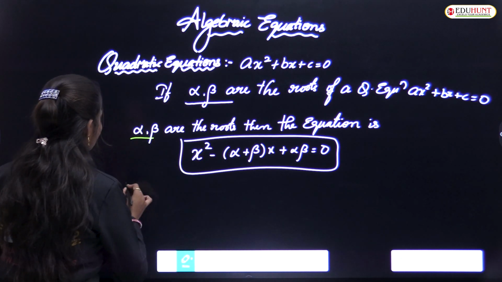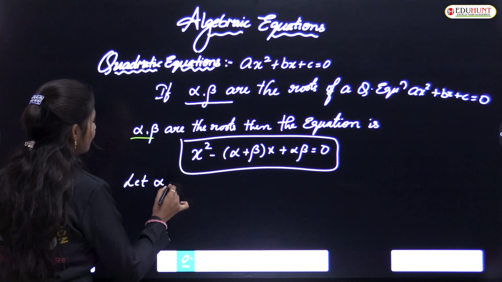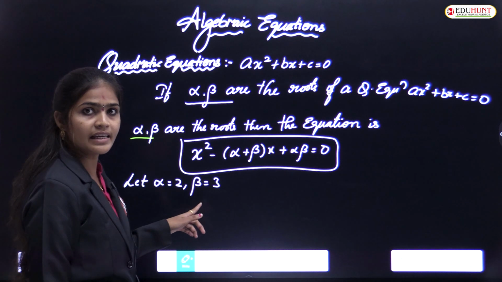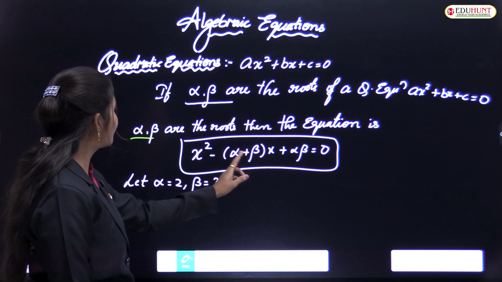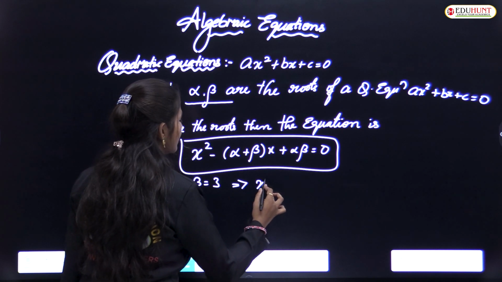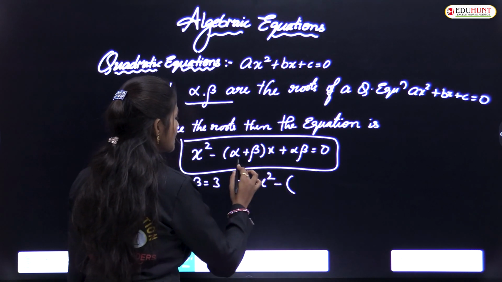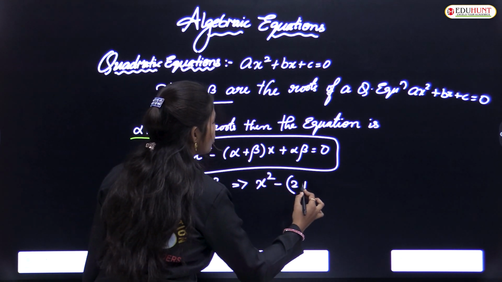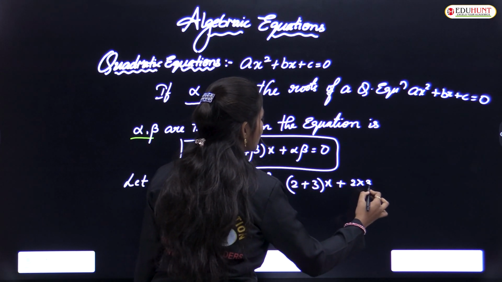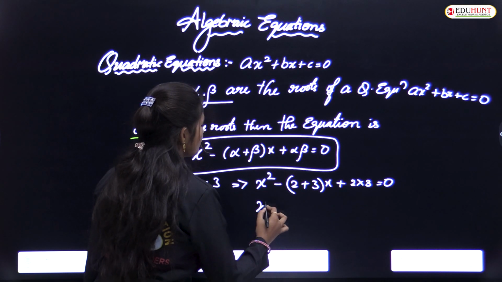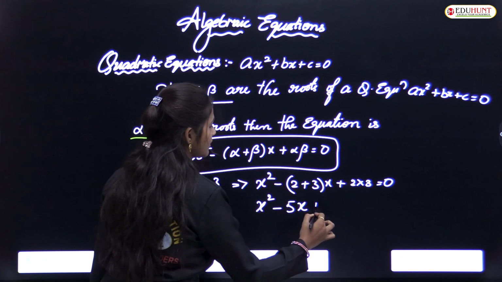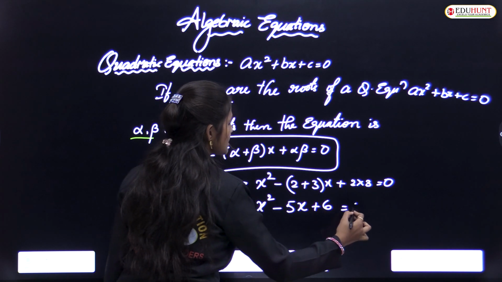Just for example, let alpha is equal to 2, beta is equal to 3. Two roots are already given, we need to find the equation. So substitute in x square minus (alpha plus beta, which means 2 plus 3) into x, plus alpha into beta, so 2 into 3, is equal to 0. So x square minus (2 plus 3 is equal to 5) into x plus (2 into 3 is equal to 6) is equal to 0.